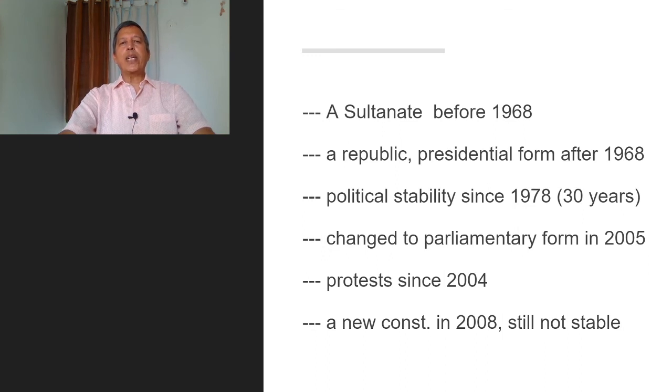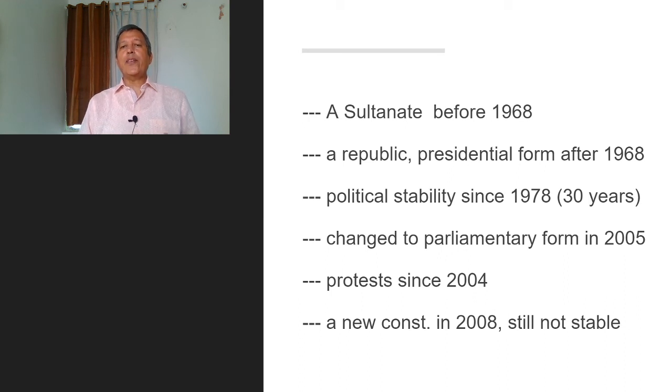So we'll go to Maldives. Maldives was a sultanate before 1968, and it became a republic in 68. It adopted the presidential form of government. Political stability was not there from 68 to 78, for 10 years. But after Abdul Gayoom took over, there was a stable government for 30 years in Maldives.